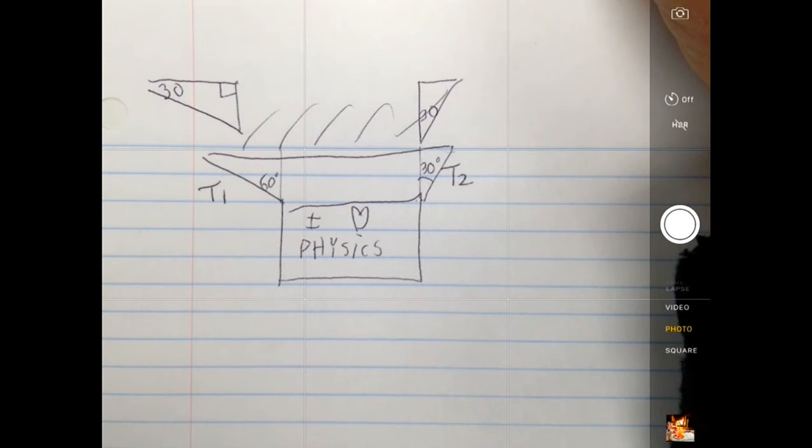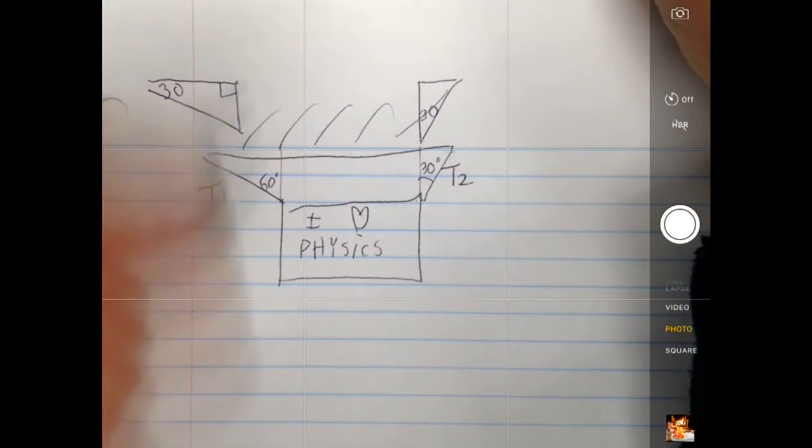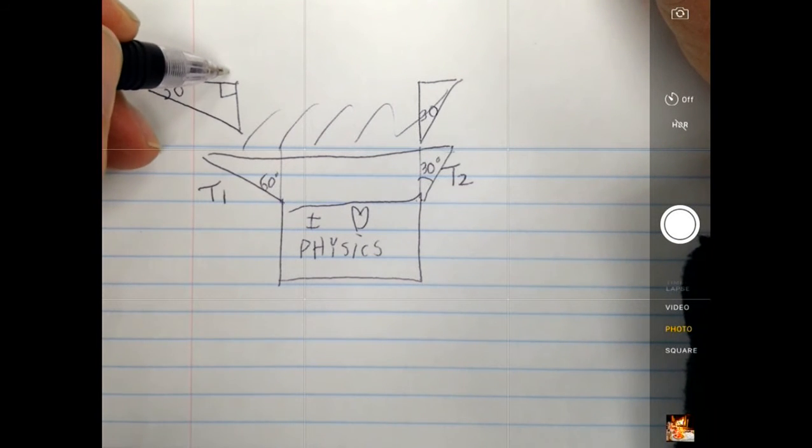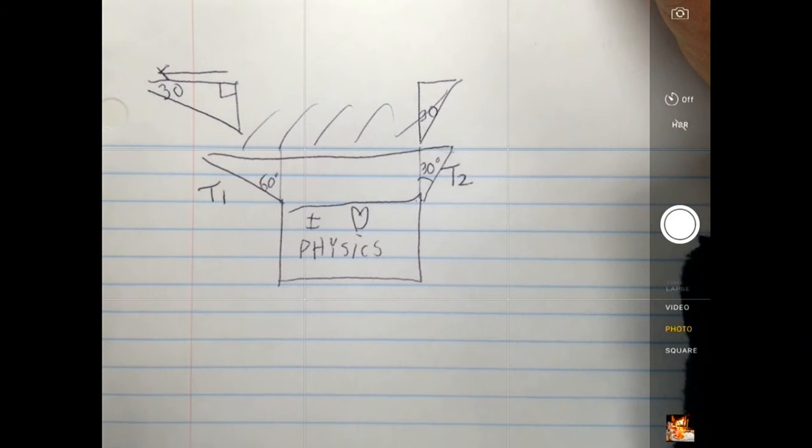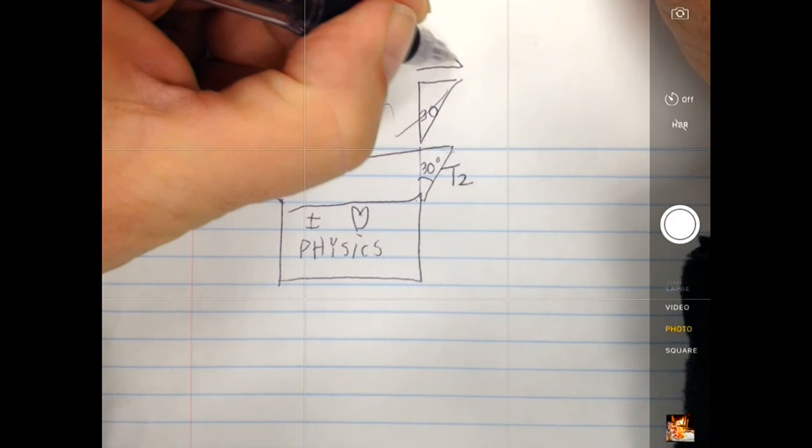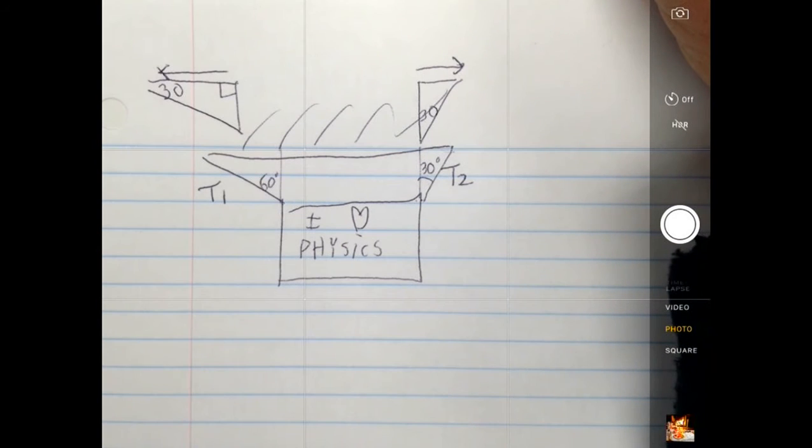But they still have to cancel in their tug of war. So the horizontal component of tension 1 pulling to the left must cancel the horizontal component of tension 2 pulling to the right.